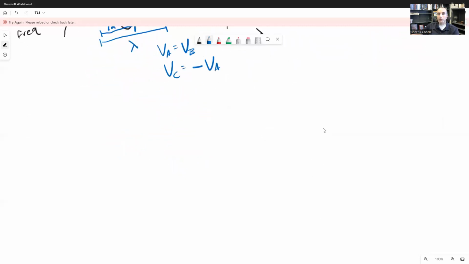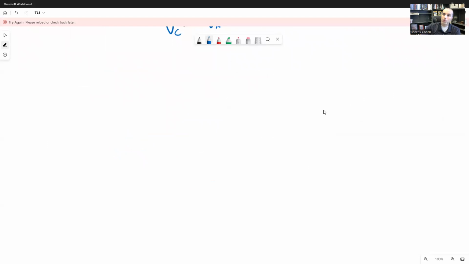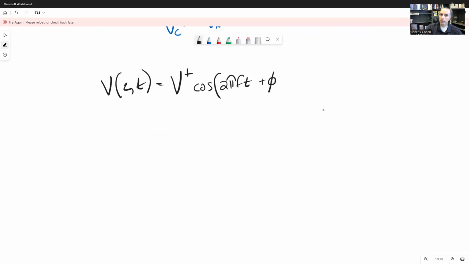All right. Now, when we're dealing with sinusoidal signals, the general signal that we might deal with would look like this, right? V as a function of z and t equals V plus times cosine of 2 pi f t plus phi.